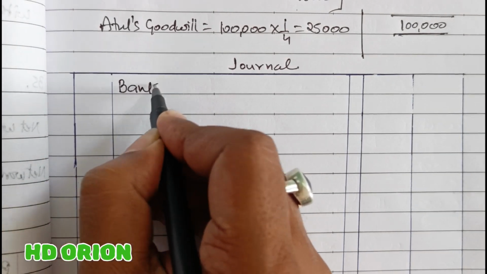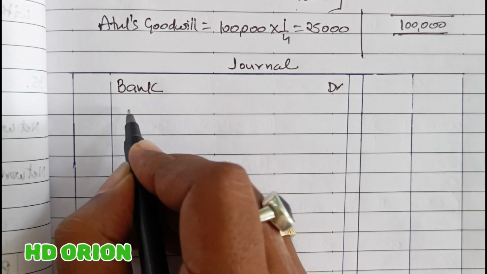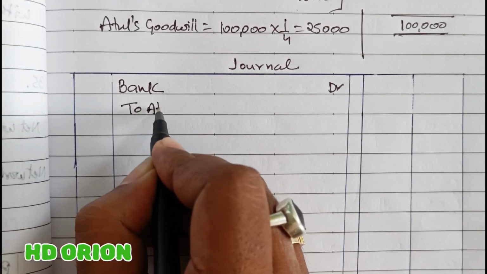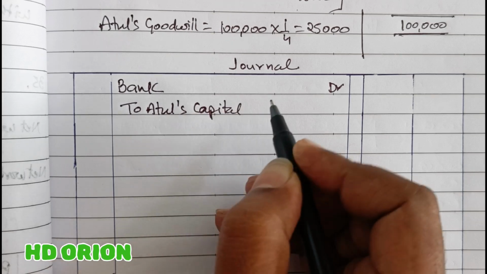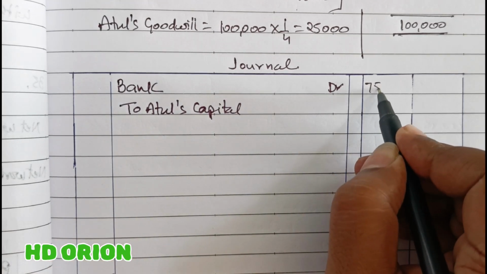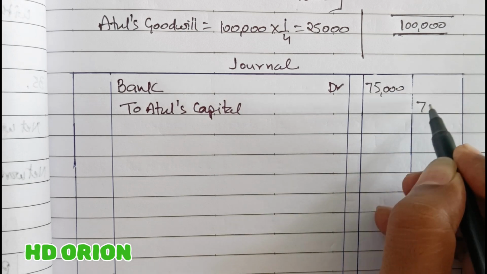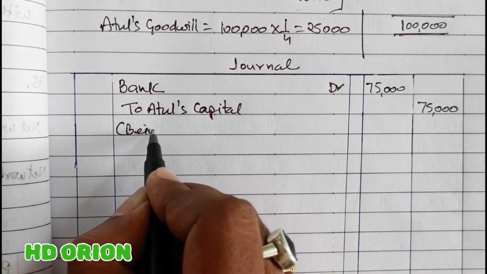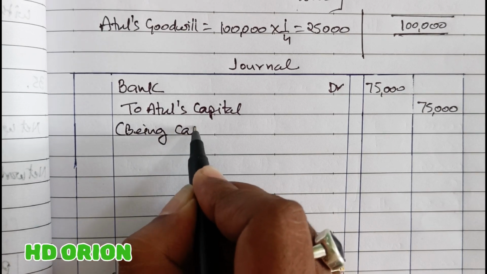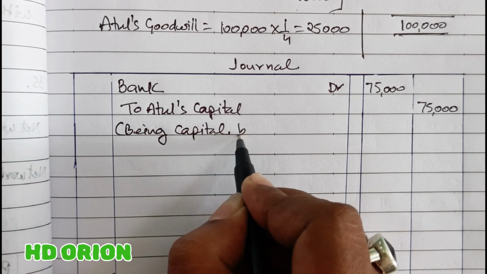So bank account or cash account will be debited to new partner Atul's capital account, which is rupees 75,000. But Atul is unable to bring his portion of goodwill because it is not mentioned in the question that he brought it in cash, being capital brought by Atul.